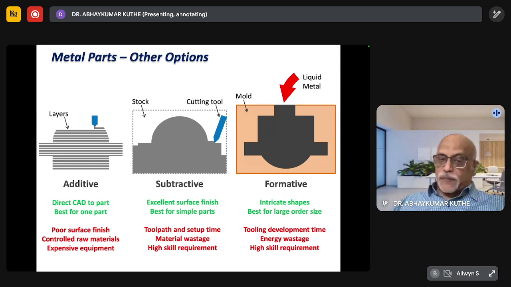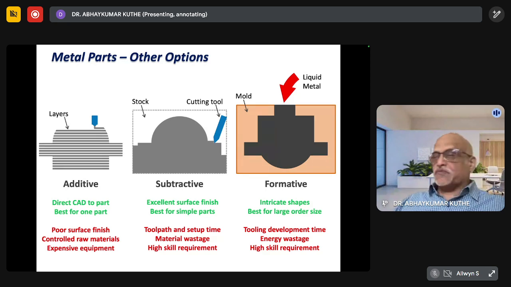Subtractive has excellent surface finish, best for simple parts, but tool path and setup time, material wastage, and high skill requirement are problems. Formative is very interesting for intricate shapes and large order sizes, but tooling development time, energy wastage, and high skill requirement are challenges we need to face.